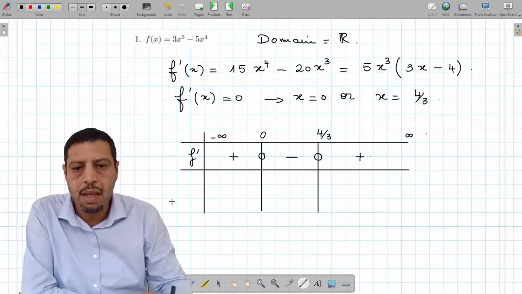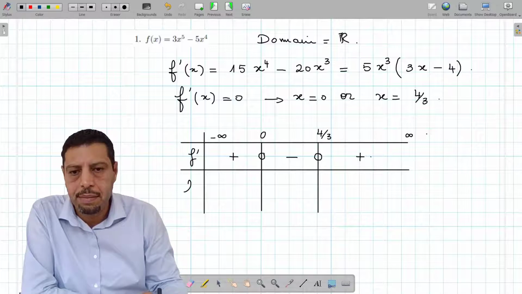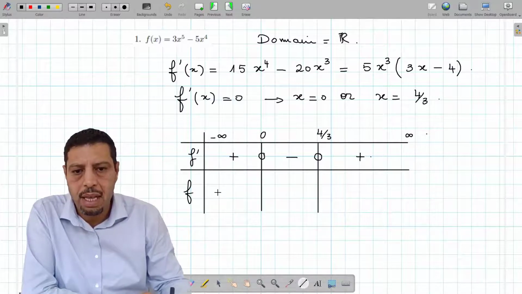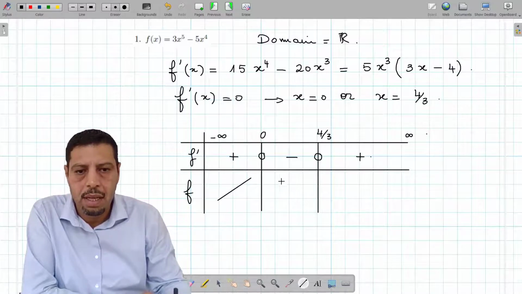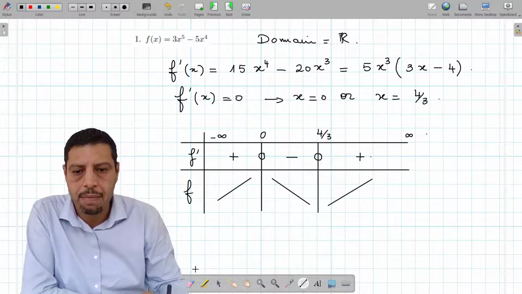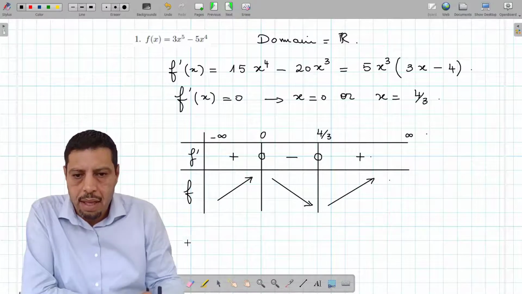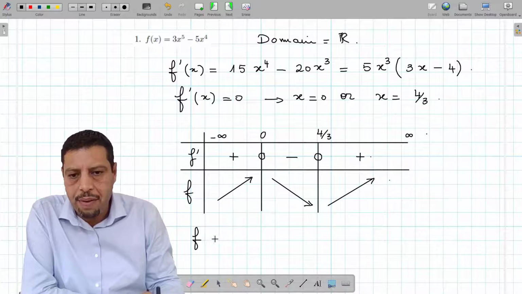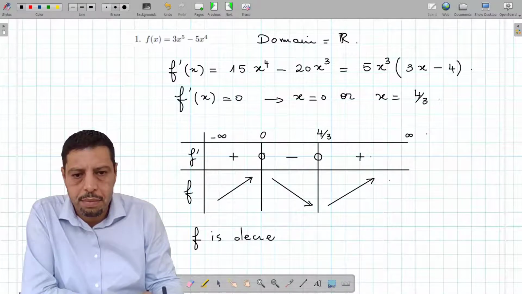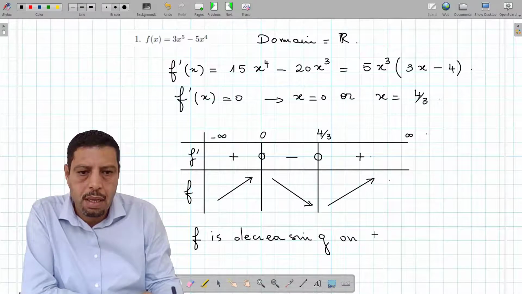Then the function f will be increasing, decreasing, and then increasing. Okay? So increasing, decreasing, and increasing. We're going to say that f is decreasing on the interval 0, 4 over 3.